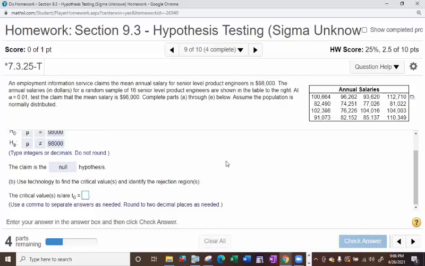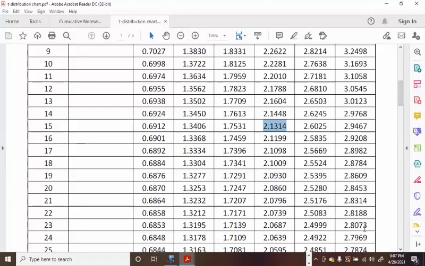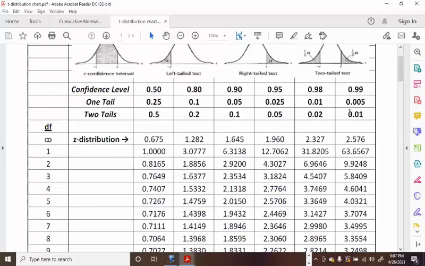Critical values, we don't need technology for the critical values. I don't know what they're talking about, but we skip that off the chart. How many values are in it? It tells you 16 in the problem, but we could have counted that if not. So 16 means 15 degrees of freedom, 0.01 is your alpha, two-tailed. 0.01, two-tailed, 15 degrees of freedom. Far right column.